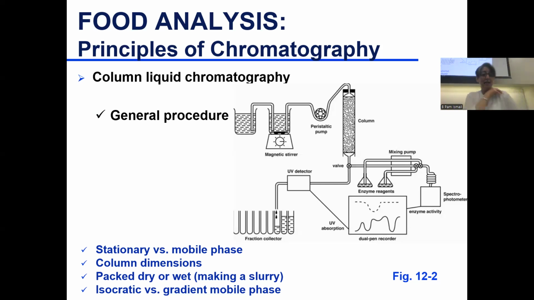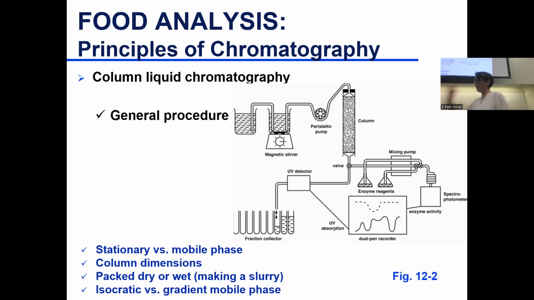Okay. All right. So let's talk about isocratic versus gradient mobile phase. This is very, very essential in liquid chromatography. So isocratic mobile phase means that your mobile phase constitution or concentration or type does not change throughout the run.